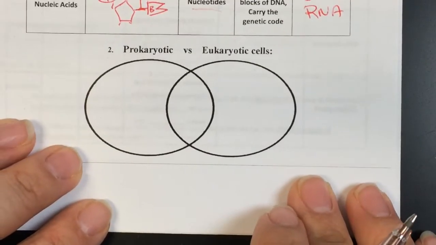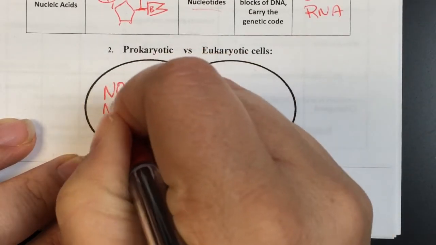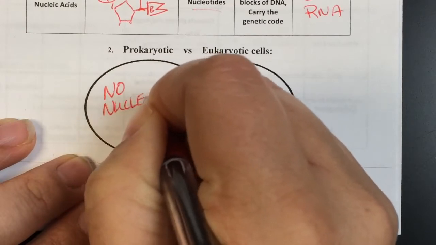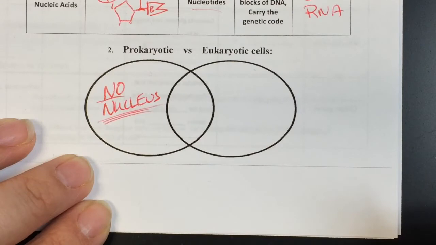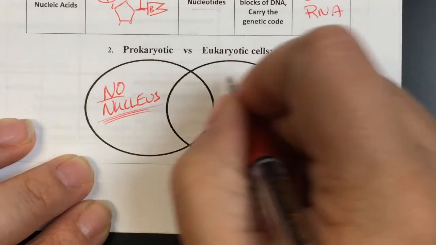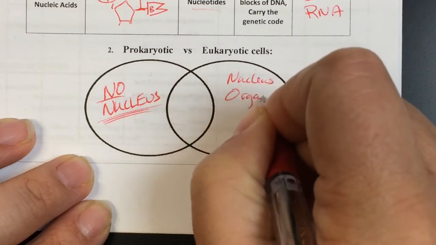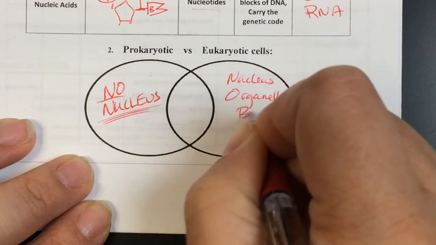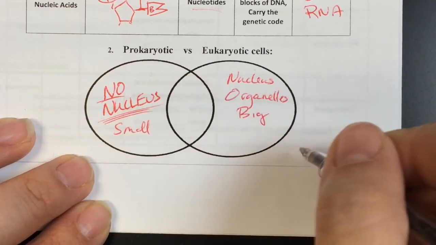Prokaryote versus eukaryote. In prokaryotes, there is no nucleus. That's your huge thing to know on prokaryotes. Eukaryotes have a nucleus, they have organelles, and they tend to be big, while prokaryotes tend to be small, and so on and so forth.